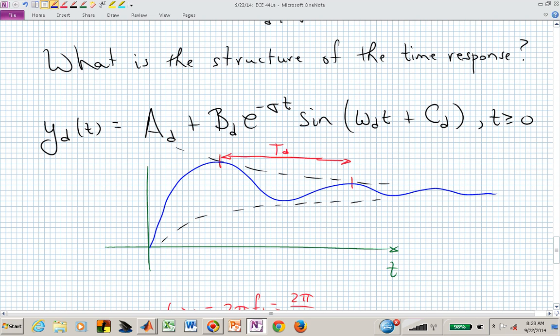Meaning we could have this as a time domain response that we have the data for. Maybe we've now identified this y sub d in the time domain as a formula. If we have it as a formula, what's A sub d going to help us figure out?